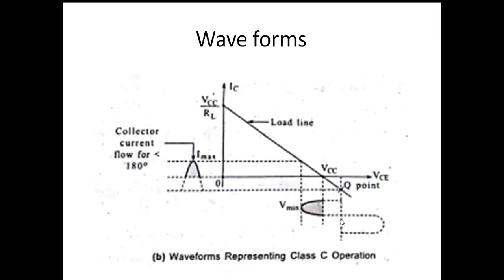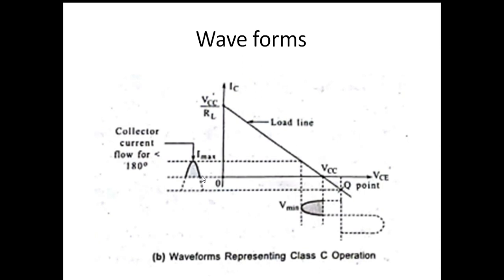Of course, this is eliminated, but within this half cycle, only the part above this cutoff region shows. This signal will be amplified. This is the collector current, that is the output current. So this collector current is to be amplified by using this single tuned amplifier.